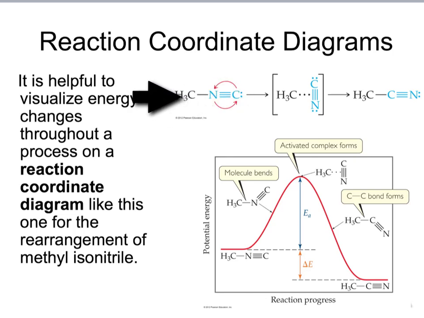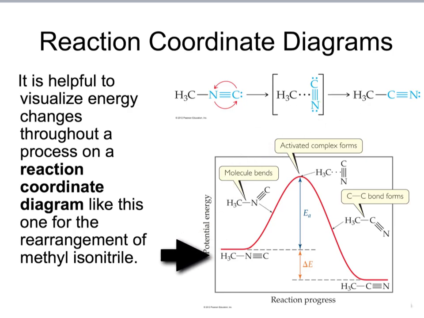Ultimately, what's going to happen is, if I'm going to sneak over here and look at my product side, my carbon is now going to be that central atom, and it's going to be attached to that CH3 group, and then nitrogen is going to be my other ligand, or that other end. So ultimately what we're doing is just a little carbon-nitrogen switcheroo. So we're breaking this nitrogen-carbon bond, and now I'm going to form this carbon-carbon bond over here.